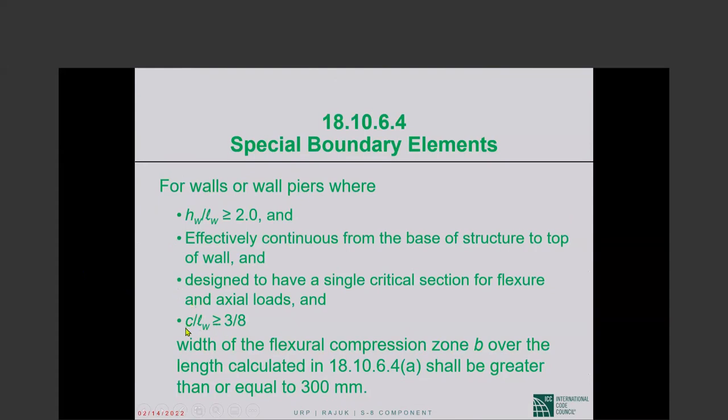And then it says additionally, the rest of it repeats the requirements for the displacement-based approach. But if the neutral axis depth is larger than or equal to 3/8 of L sub W, okay, if the neutral axis depth is larger than or equal to 3/8 of L sub W, that would indicate that your shear wall is not necessarily tension controlled.